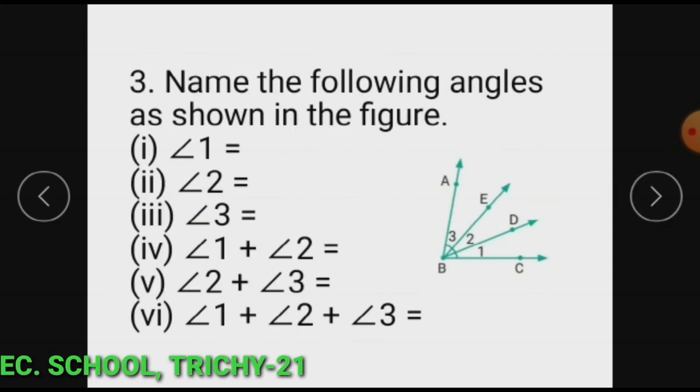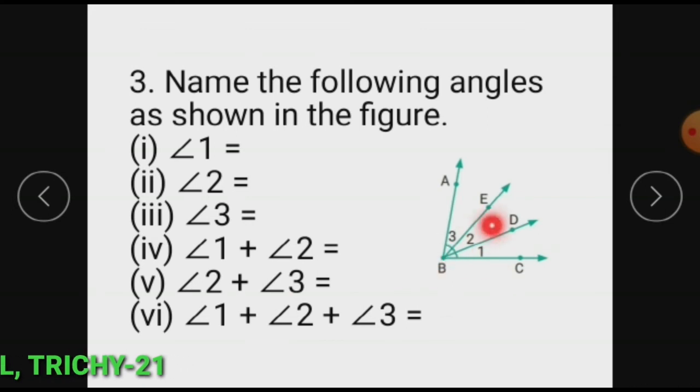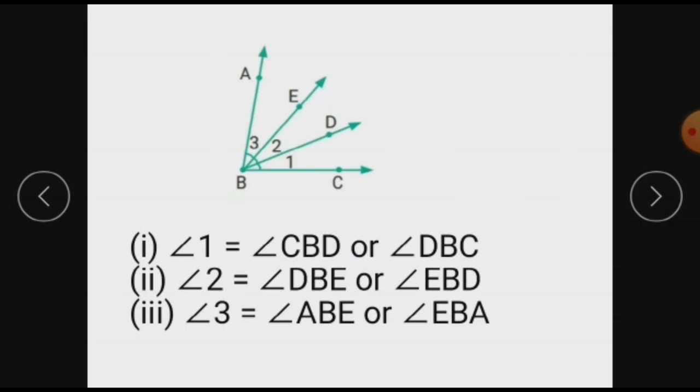Question number 3. Name the following angles as shown in the figure. Angle 1, angle 2, angle 3, angle 1 plus angle 2, angle 2 plus angle 3, and finally angle 1 plus angle 2 plus angle 3. Subdivision 1.